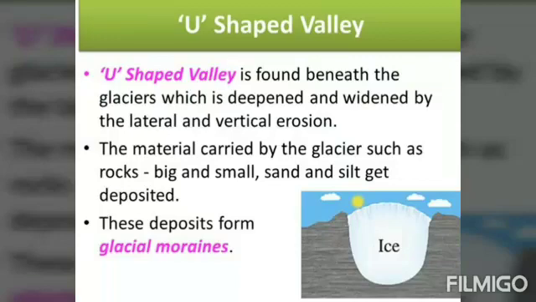The material carried by the glacier, such as rocks big and small, sand and silt, gets deposited beneath the glacier. These deposits form glacial moraines. It looks like a U shape, right? A U-shaped valley is formed like that.